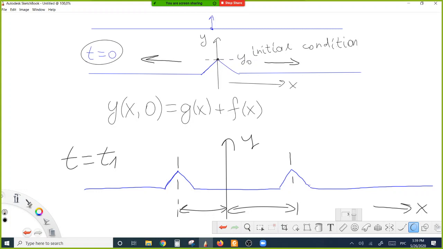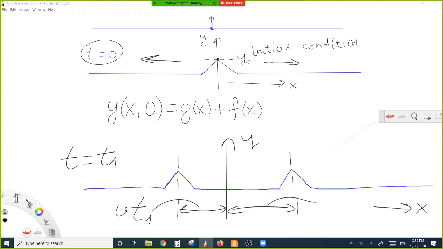In my picture they are not, but they both are equal. v t1, this is also v t1, where v is the speed of propagation and t1 is the time passed after the disturbance.